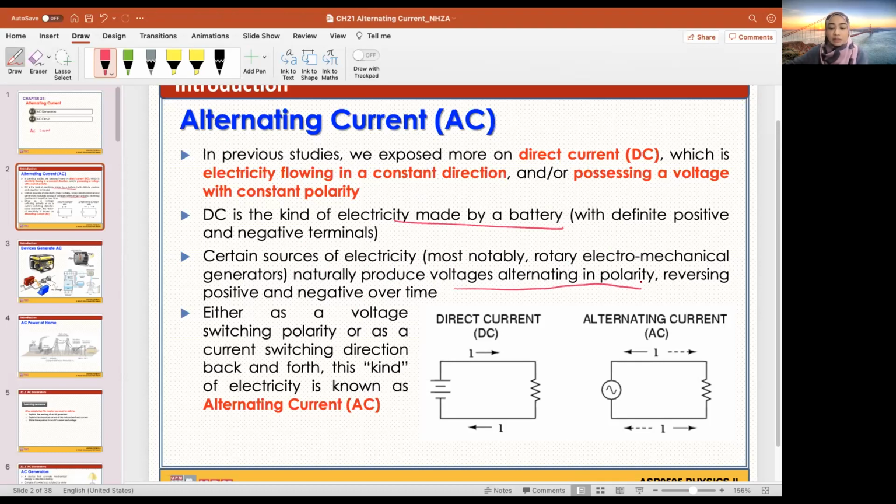Okay, so what does that mean? Basically it means that within this circuit, an alternating current generator looks like this. This is the voltage source, even though it is called alternating current.